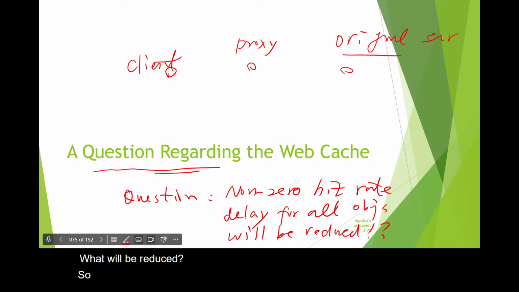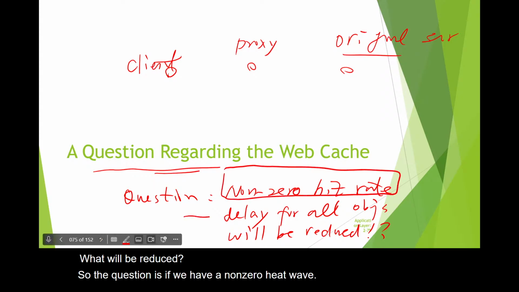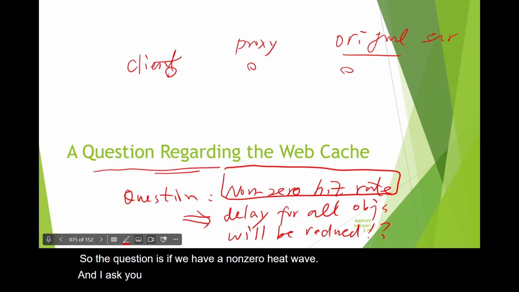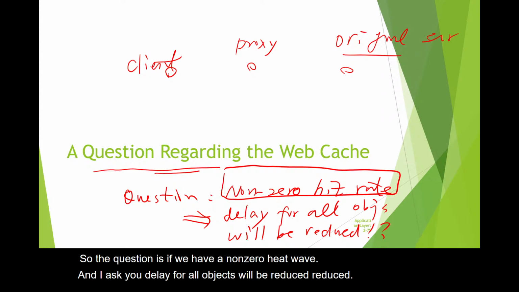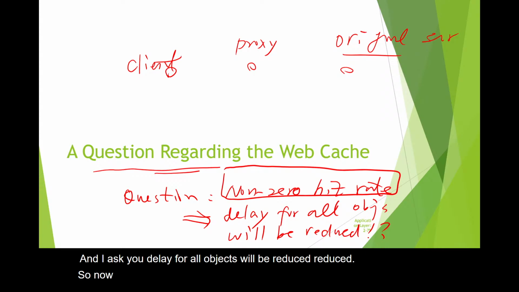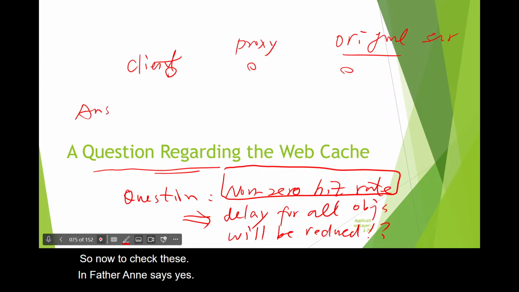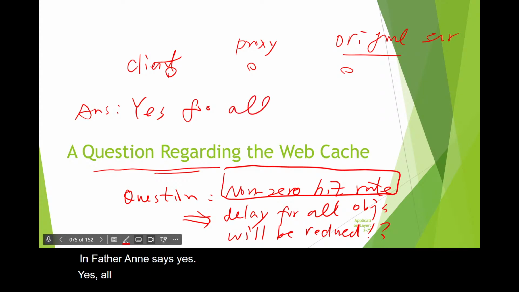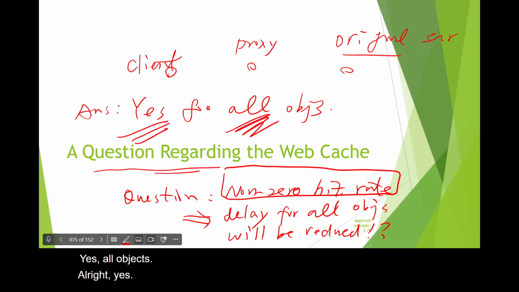So the question is, if we have a non-zero hit rate, and I ask you, will the delay for all objects be reduced? So let's check these. In fact, the answer is yes. Yes for all objects. All right, yes and all. Why yes and for all?